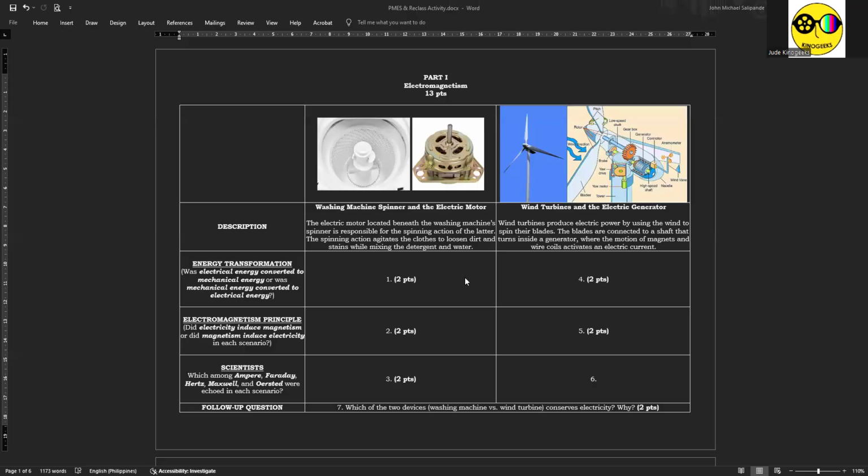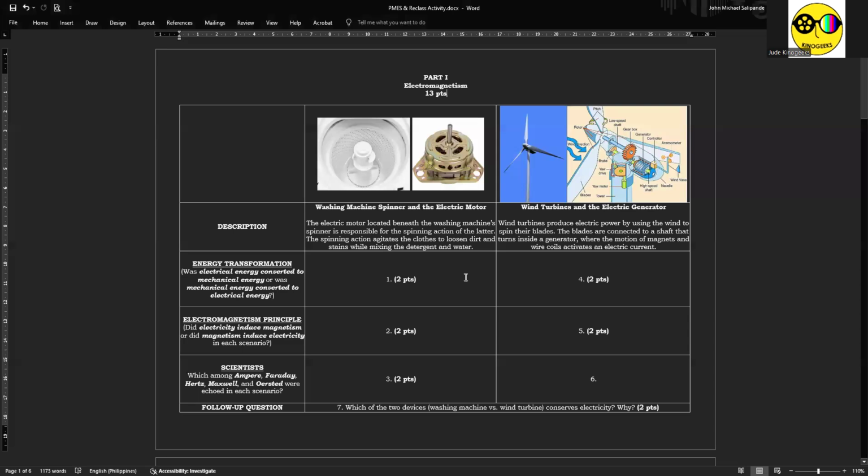If you have the washing machine spinner, which has an electric motor, you plug in the washing machine so that the electric motor will spin, causing the spinner to rotate and perform its laundry duties. For the washing machine to work, you have to have electrical energy.